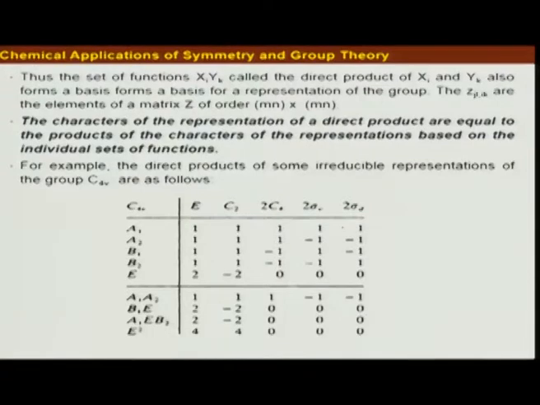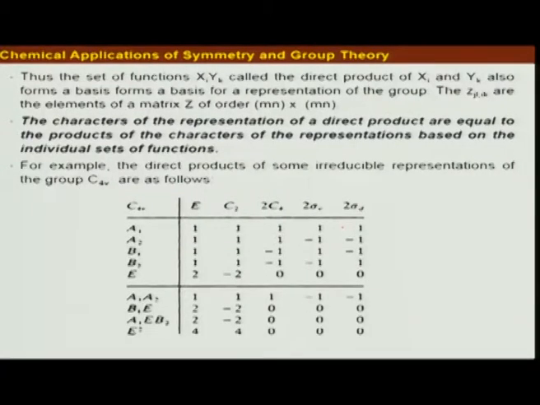When you combine them one to one, the set that you get also acts as a basis set for the representation of the same point group. Now the characters of the representation of a direct product are equal to the products of the characters of the representations based on the individual sets of functions.